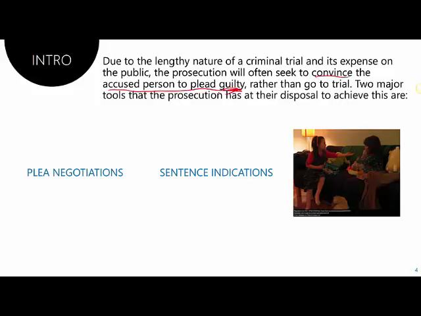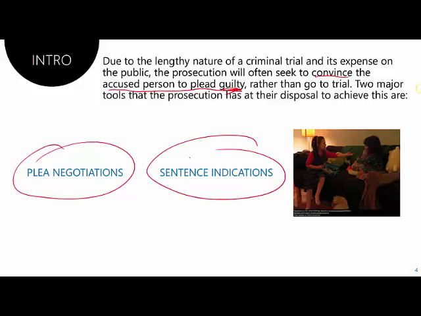So as I said, the two main tools that the prosecution has, the things that are built into our criminal justice system, are plea negotiations and sentence indications, and their purpose, which we'll get to in a moment, is essentially to try and resolve disputes without going to trial.